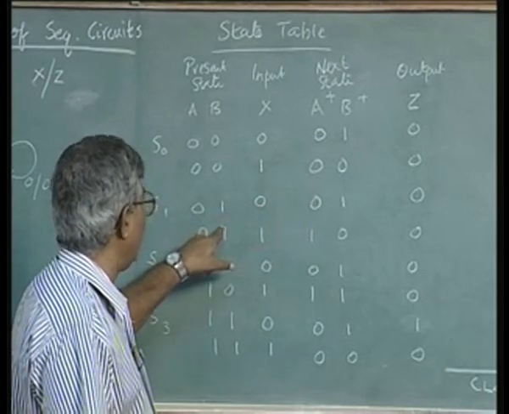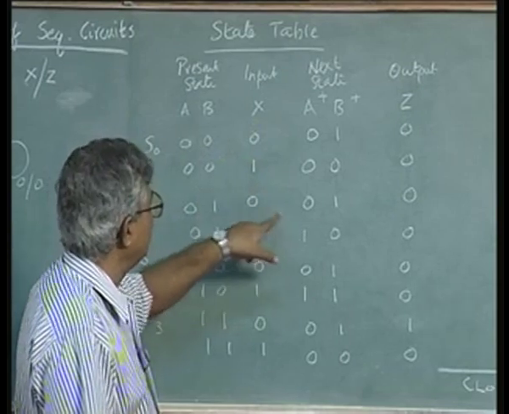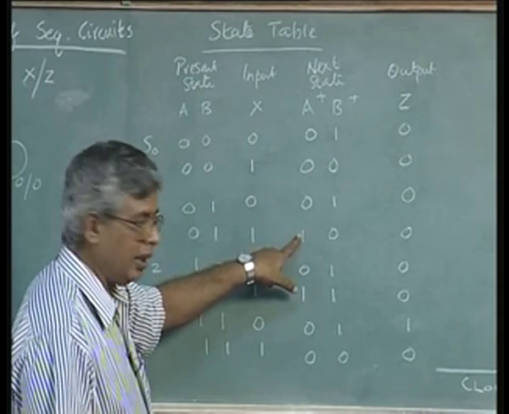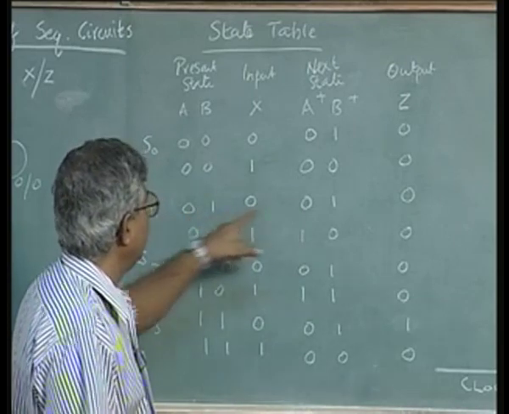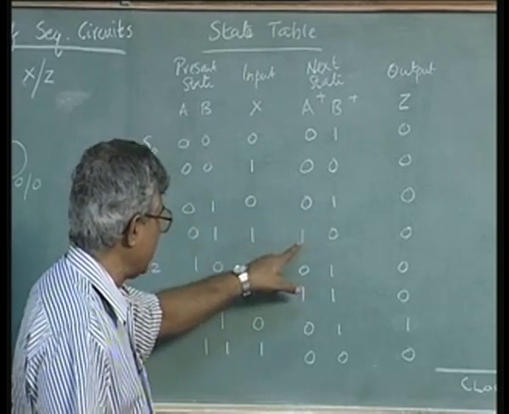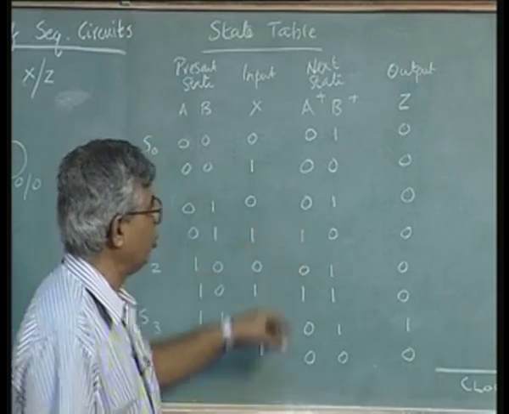If the input x is 1, the next state of the flip flop is 1. So that means in the present state 0, 1, the output of the next state A plus is decided by x. If x is 0, this is 0, if x is 1, this is 1.